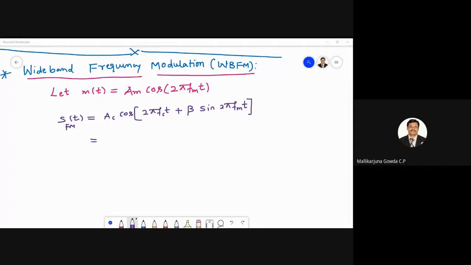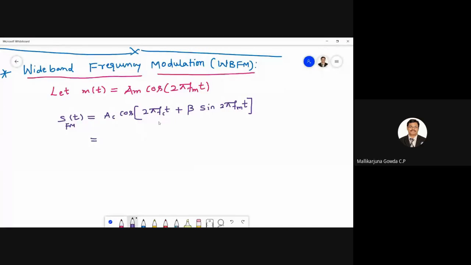How do we express Ac cosine of something, the expression we have written for FM, in terms of complex exponential? You can treat this 2 pi fc t plus beta sine 2 pi fm t as theta. It is as good as Ac cos theta. If you treat the entire thing in the square bracket as theta, how can I express that in the complex exponential form?